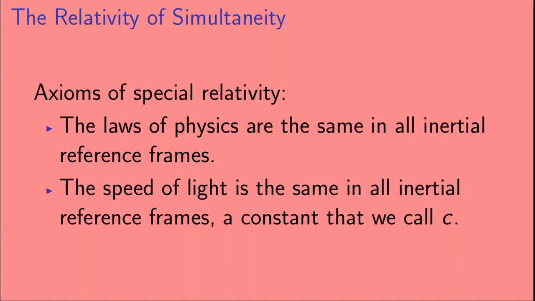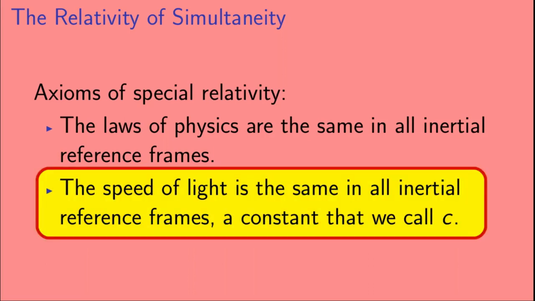Okay, so to get started, we need to mention the two axioms of special relativity. The first is that the laws of physics are the same in all inertial frames. And the second, which will be especially important, is that the speed of light is the same in all inertial frames, a constant that we call c.